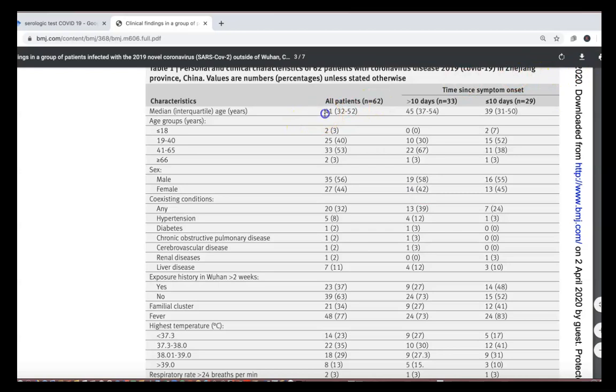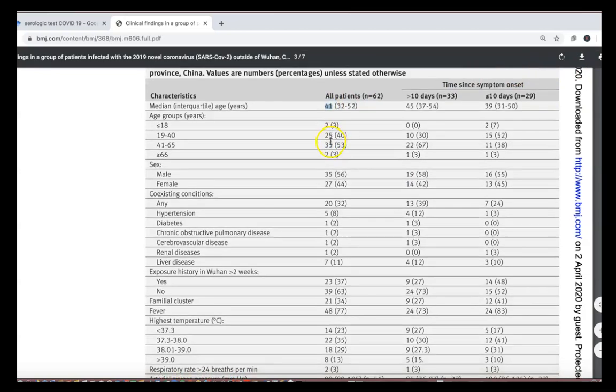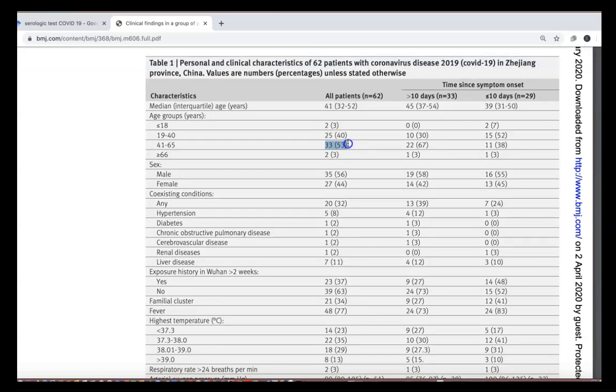The median age was 41 years. The most numerous group among all the patients in this hospital with this condition, 53% of them, were between 41 and 65. Only 2 of the 62 were older. 25 of the 62, or 40% of the people that were hospitalized, were 19 to 40 years of age.